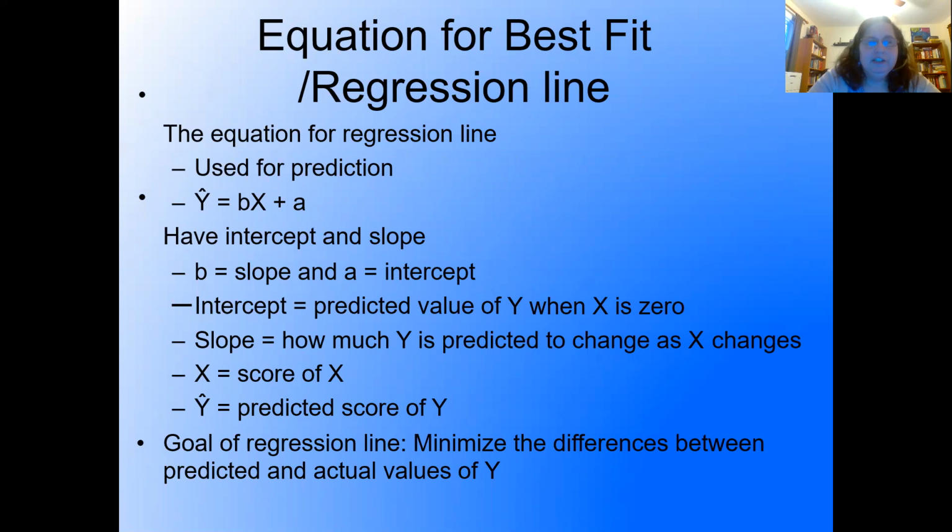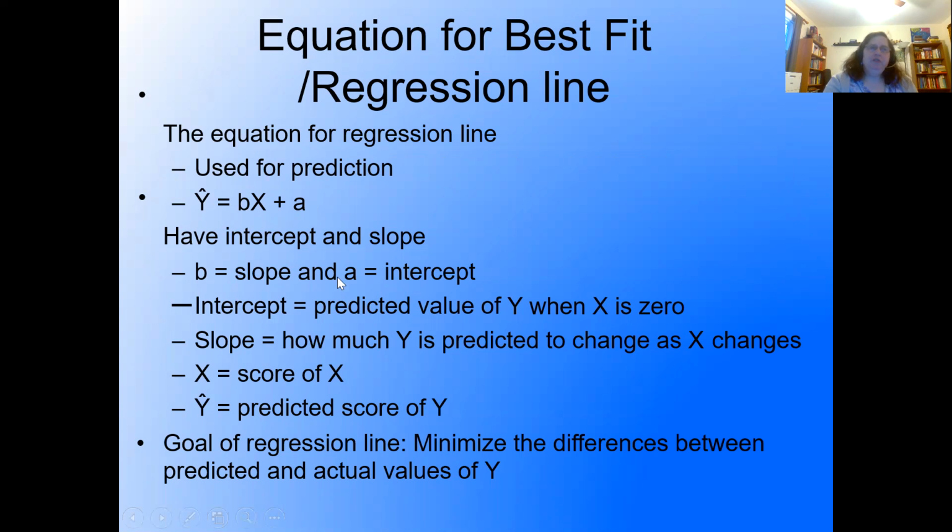All right. So now we're up to the one equation that you are going to use in regression. And that's the equation for the best fit or regression line. So remember, the regression line will be given to you, but you have to use that line to do some prediction.